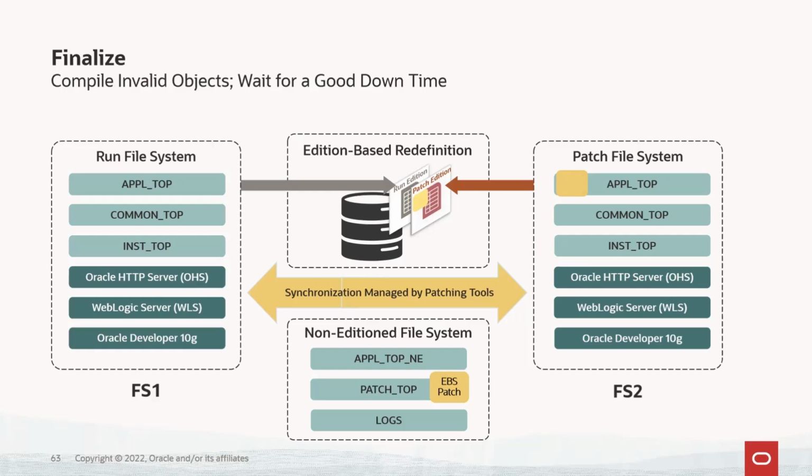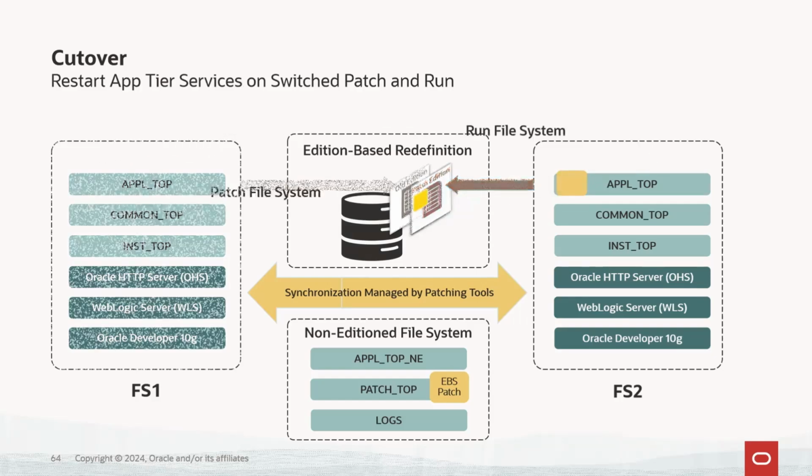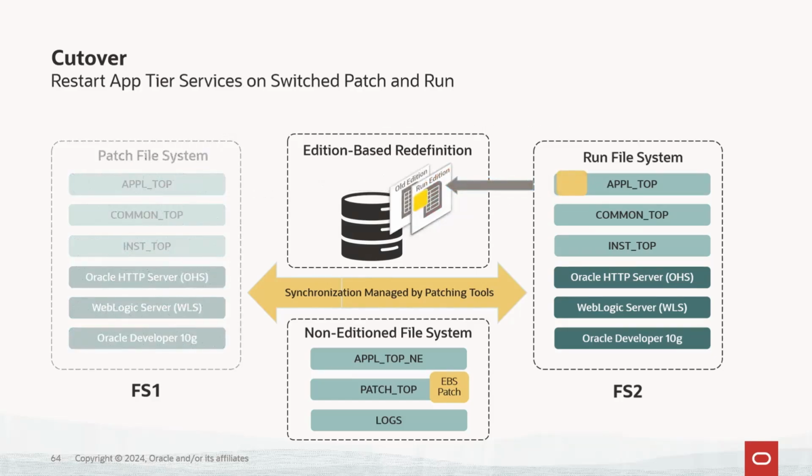Not much to show here because there's just some computations going on in the background. And then in the cutover phase, this is when the switch is going to occur to where when you come up live again, what was the patch file system becomes the run file system. What was the patch edition in the database becomes the run edition. And basically, this is what you would see after you come up again at the end of the cutover phase.